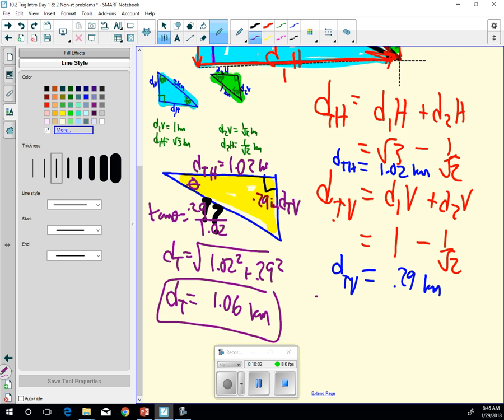So if you want to find out what theta is, you undo the tangent of 0.29 over 1.02. Would you do that for me, please? And you're in the degree mode. Give me the degrees, minutes, and seconds. I have no idea what that is.